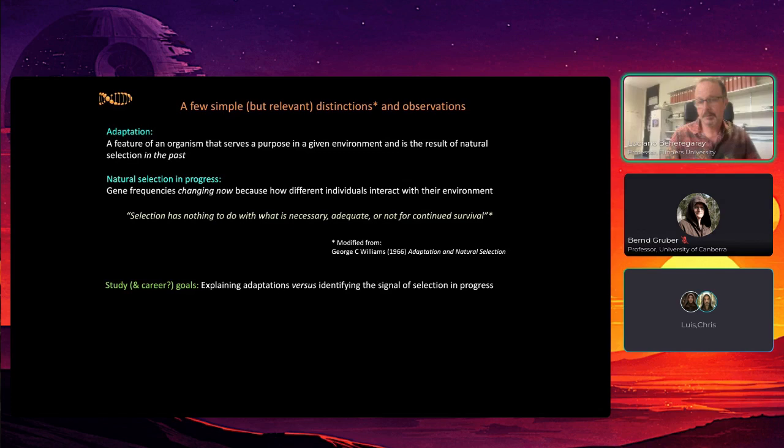There are many folks out there that might not be interested in explaining adaptations with their data set. It's actually quite a major task to do that. And you might need separate data sets, such as experiments that look at fitness trait variation in addition to genomic variation, if you want to explain how adaptation actually works. And this can be quite different than identifying the signal of selection in progress.